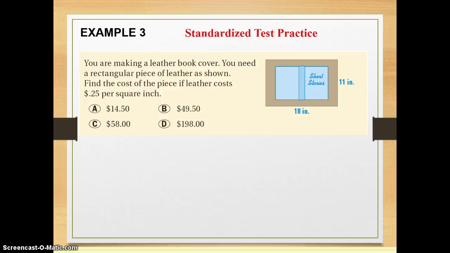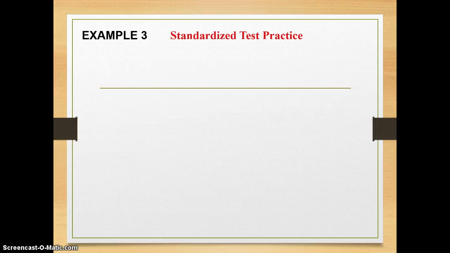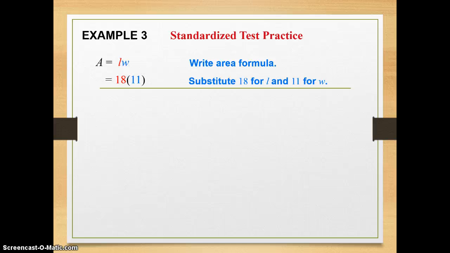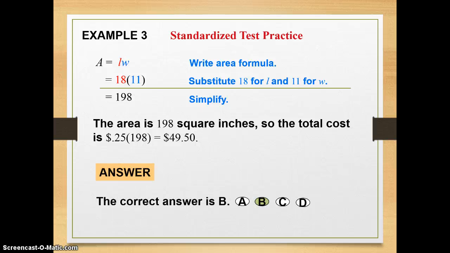So because the cost of the leather is 25 cents per square inch, you're going to multiply 198 times 25 cents, and your answer is $49.50. Here is the written equation for the solution to that. So the correct answer is B.